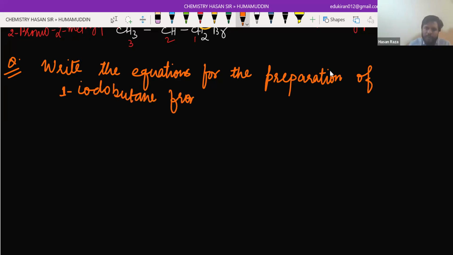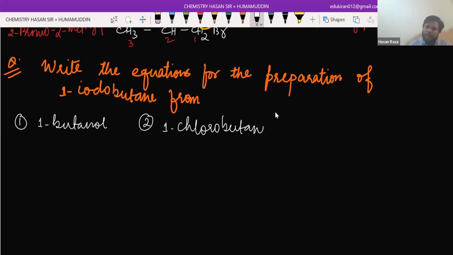You need to prepare this 1-iodobutane from, the first one, 1-butanol or butan-1-ol; also from 1-chlorobutane; and also from but-1-ene, that means butene.